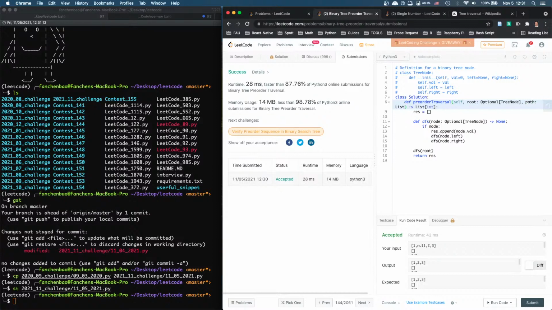It's going to be a list of integers, and we just say if node. But everything has to return a list. Then we'll do the list plus list. Let me see. I can put node into the path, left and right.